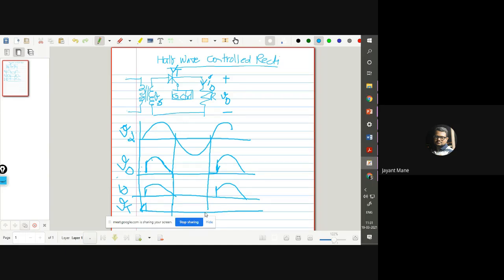And then the negative voltage will be appearing.